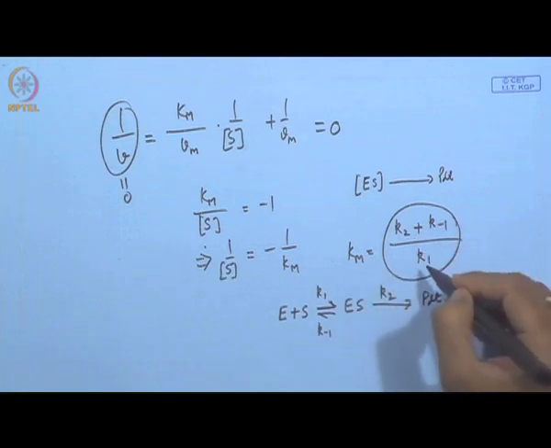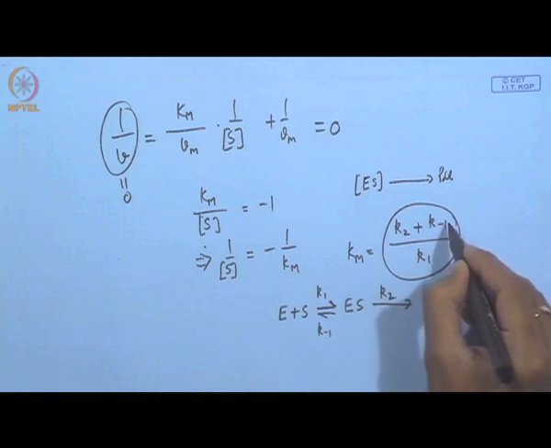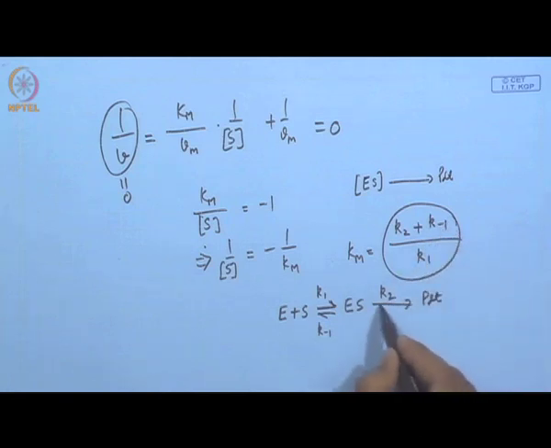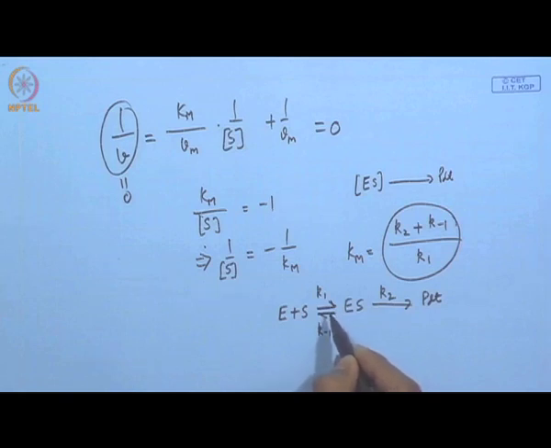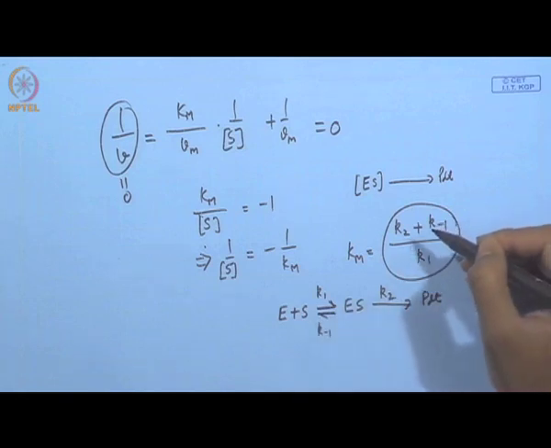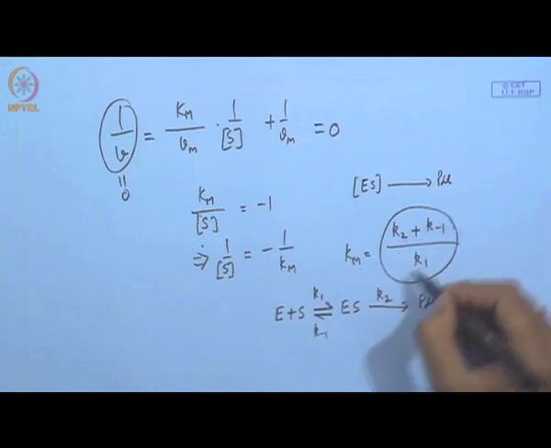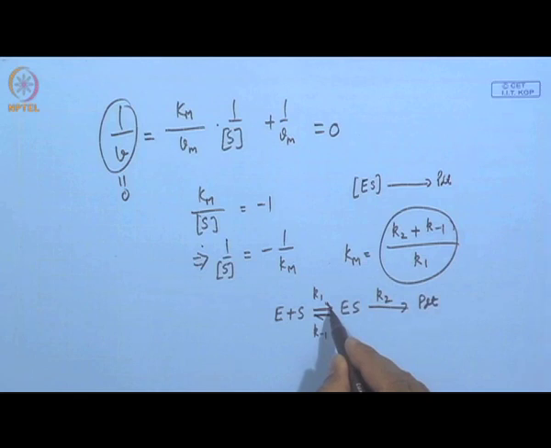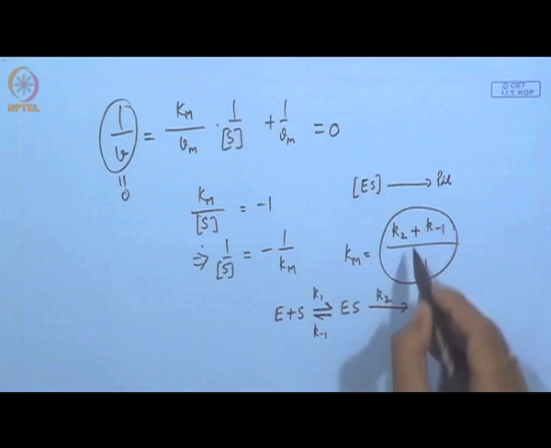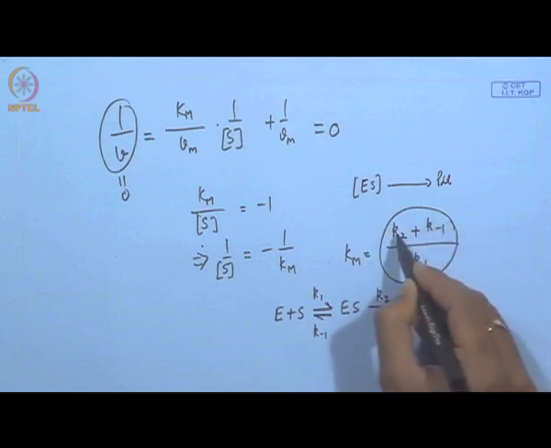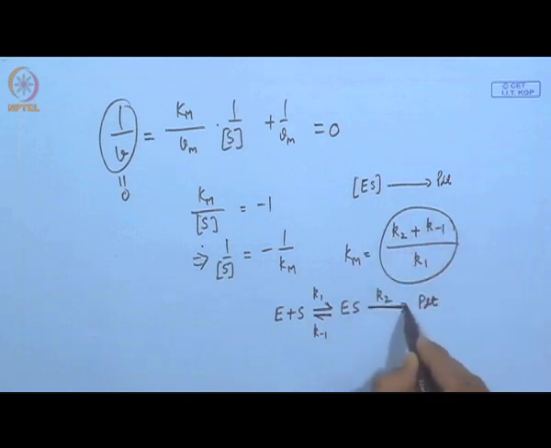In the other case, small Km means this is high or this is small. This is small means this step is also maybe less, and also back reaction is less. Okay. So, you can think of the magnitude in terms of numerator and denominator. When the denominator is high, this step is stronger, I mean this is fast, it is a strong bond formation, and in the same way if this is low, this reaction is less.